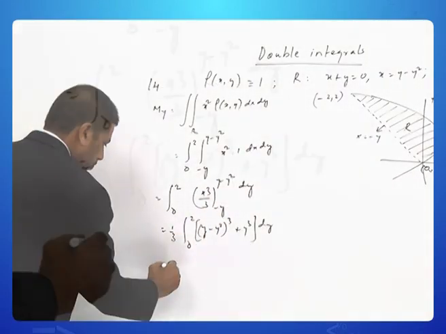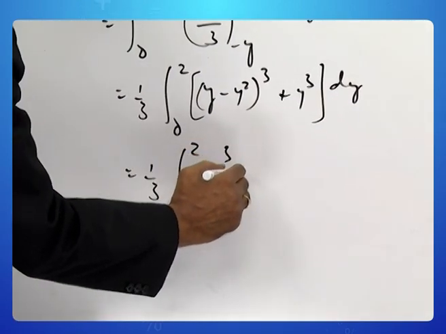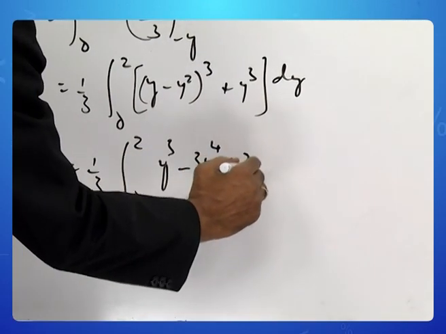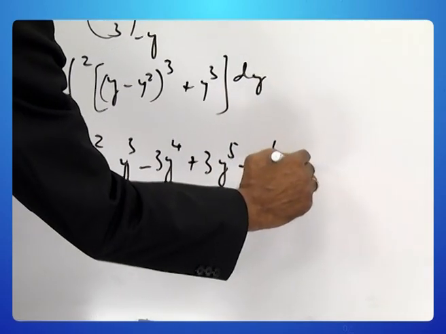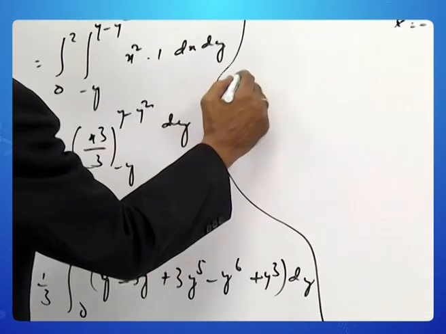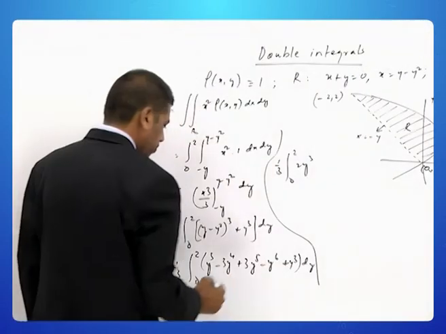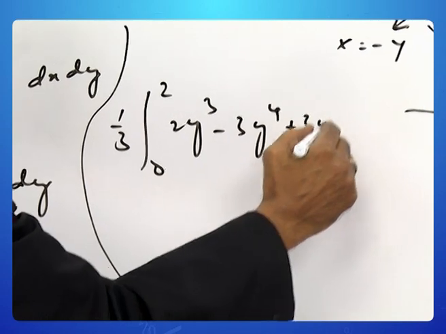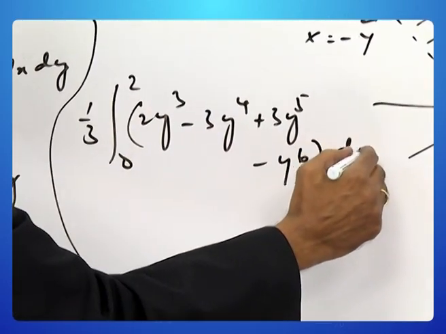So an expansion is involved here, 0 to 2 y cube minus 3y power 4 plus 3y power 5 minus y power 6 plus y cube dy. Simplification, 2y cube minus 3y power 4 plus 3y power 5 minus y power 6 dy.